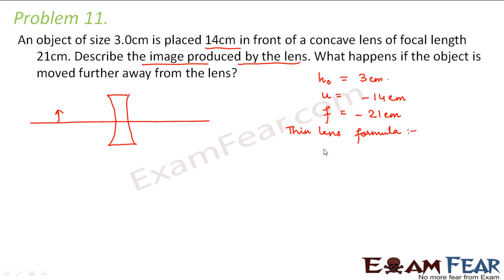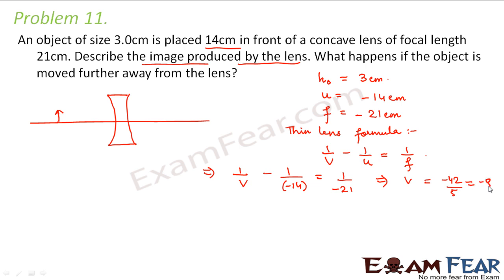So we will apply the thin lens formula, which is 1 by V minus 1 by U is equal to 1 by F. With the help of this formula, we can say 1 by V minus 1 by minus 14 is equal to 1 by minus 21. Solving this, we get V is equal to minus 42 by 5, which is equal to minus 8.4 centimeters.